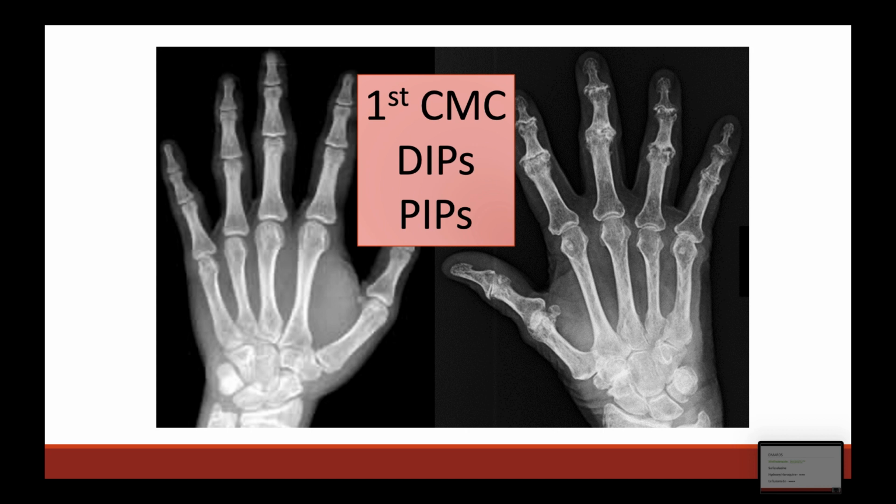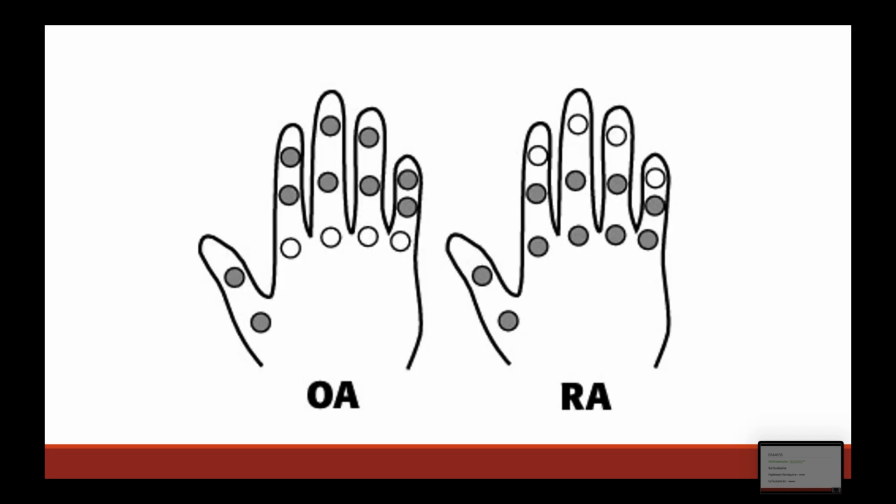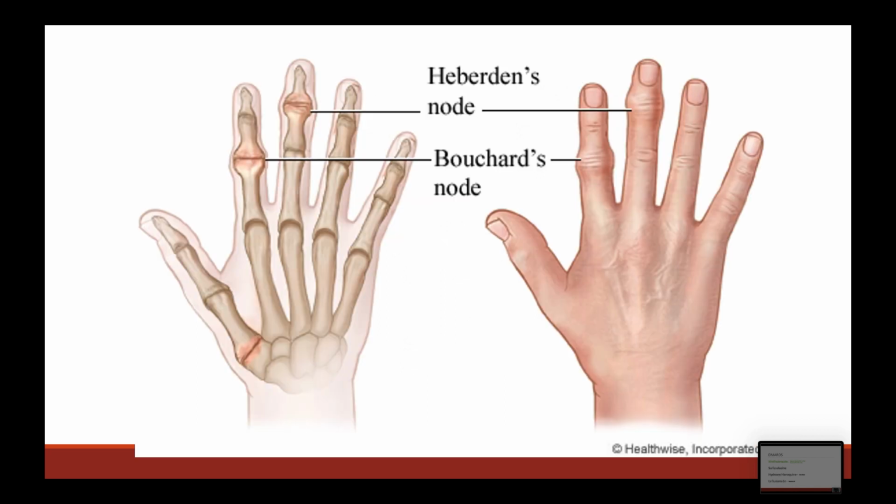It normally affects the first carpometacarpal joint, as well as the DIPs and PIPs, unlike RA, where it doesn't affect the DIPs. Here's a picture illustrating which one's Heberden's node and which one's Bouchard's node.